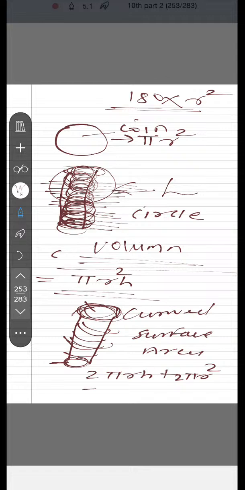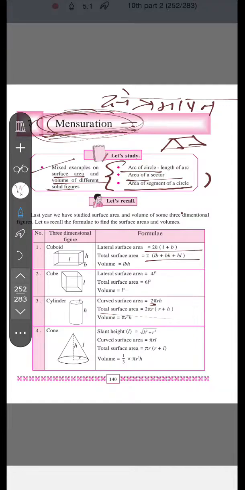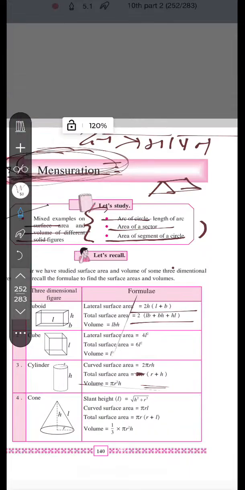Here I am going to take 2 pi r common. So what will I get? (r plus h). This is how the formula exists: 2 pi r (r plus h). If you have the book, you can refer to this one.